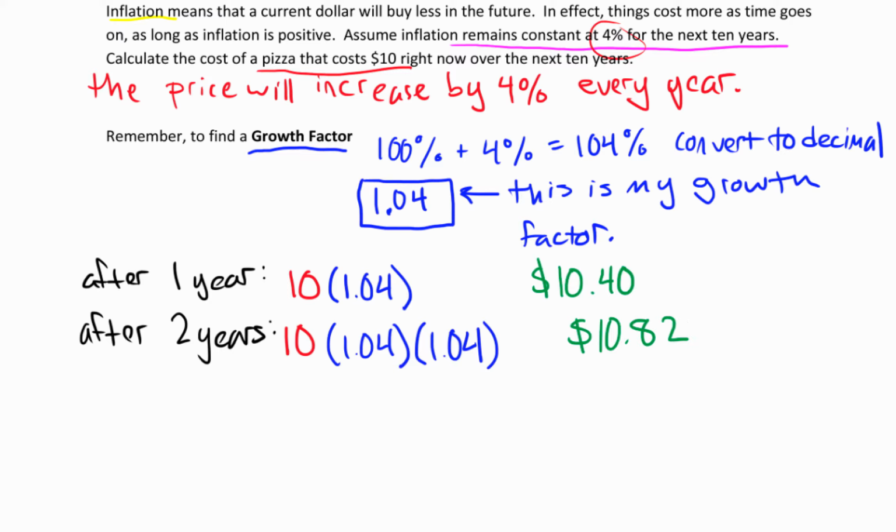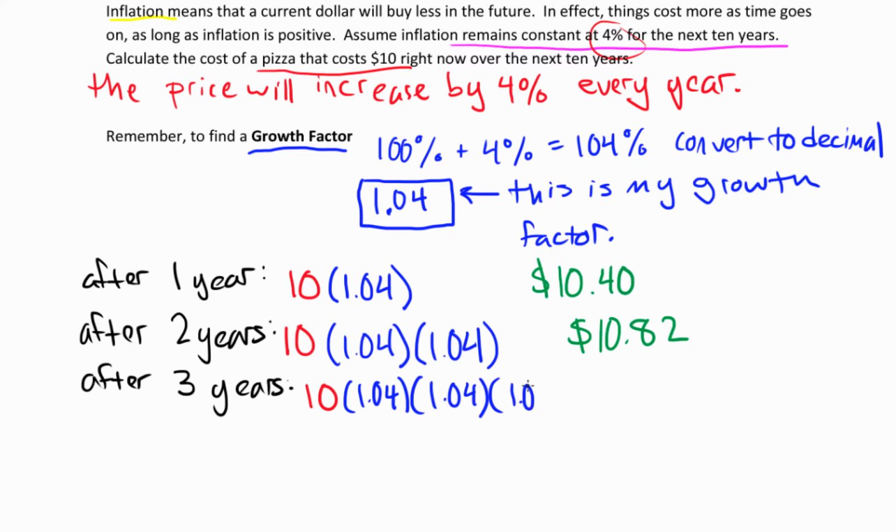Now after 3 years, I have that original price times my growth factor. That's my price after 1 year. Here's my price after 2 years. And my price after 3 years, I'm just going to add another growth factor.